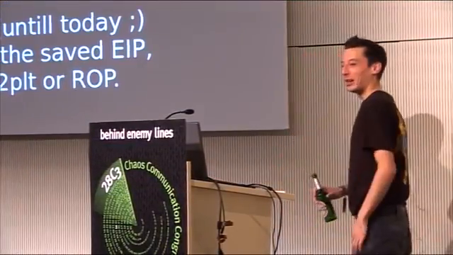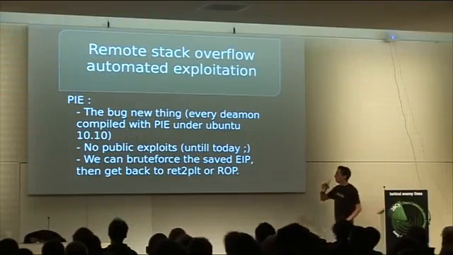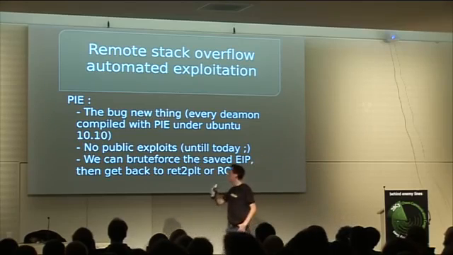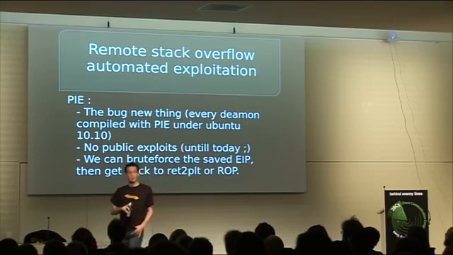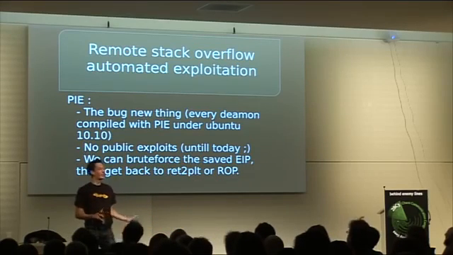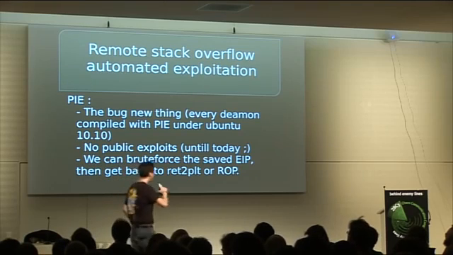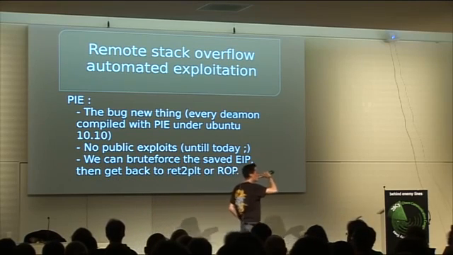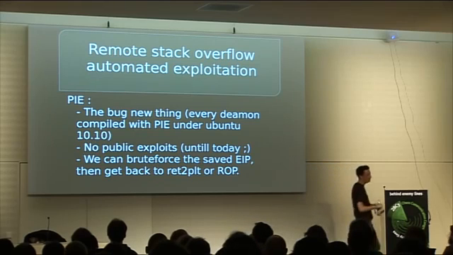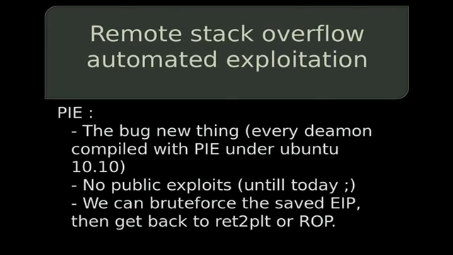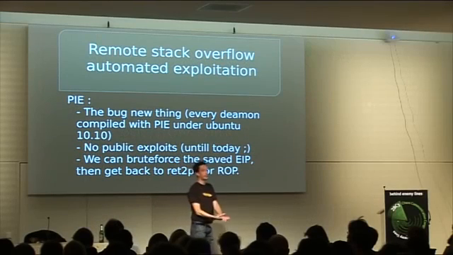All right, so the big thing is PIE, which stands for position independent executable. The main idea is that even though we have ASLR normally, your main binary, unless you compile it with these new fancy flags, is not actually going to be randomized.